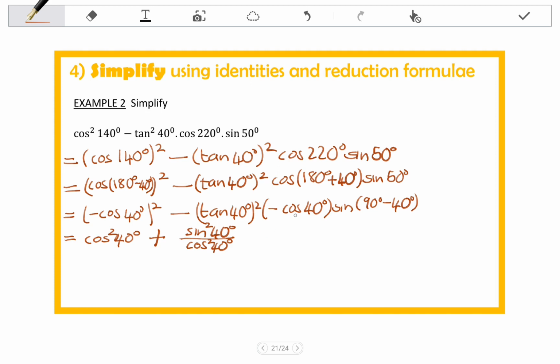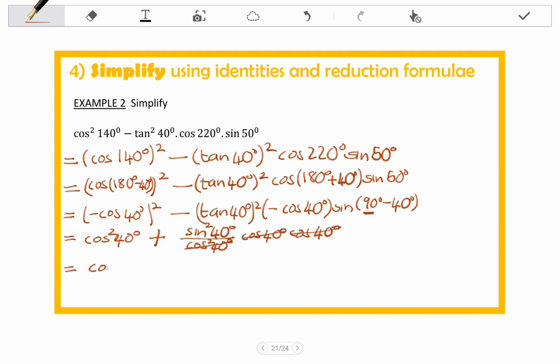So I have cos 40 degrees times, now this 90 degrees indicates to me that I must take this to its cofunction of the acute angle, so it goes to cos 40 degrees. So here I have cos 40 times cos 40, it's cos 40 all squared, which I can cancel with the denominator.